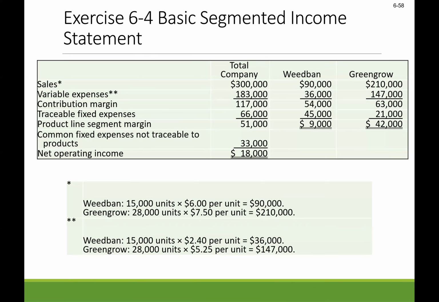We have the traceable fixed expenses. Then we've got the common expenses that aren't traceable to either of those segments to show our net operating income. Does this make sense? I hope so. Good. Thank you, guys.